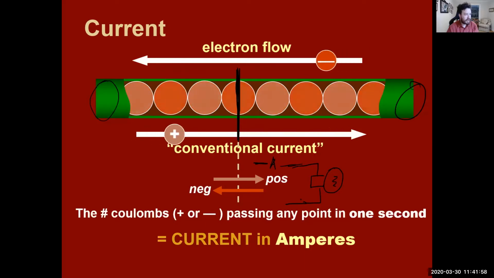An amp meter has to be in line because it's taking a measurement through a singular point. So it has to go through the amp meter, whereas a voltmeter can be taken between 2 points.